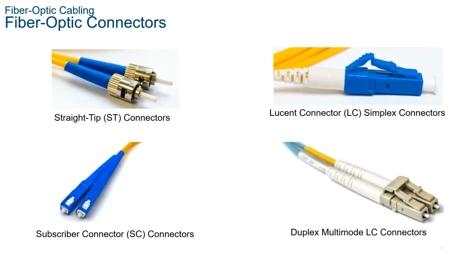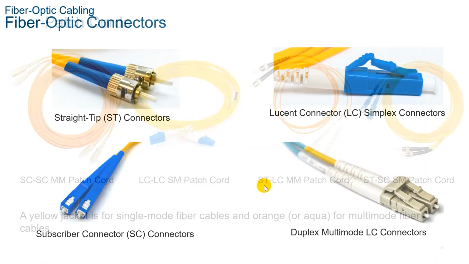So some fiber connectors accept both the transmitting and receiving fibers in a single connector, known as duplex connector. So that is shown in the duplex multi-mode LC connector in the figure. Okay. Now BX standards such as 100 base BX use different wavelengths for sending and receiving over a single fiber. All right.